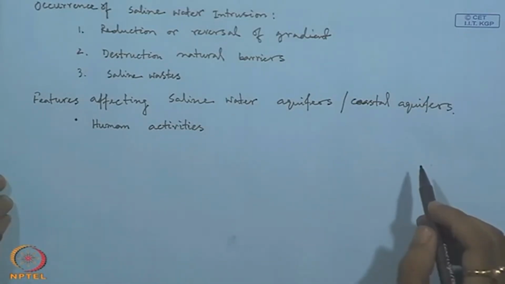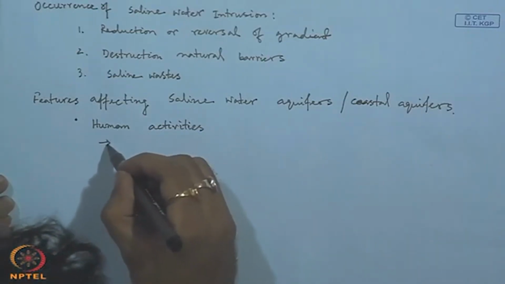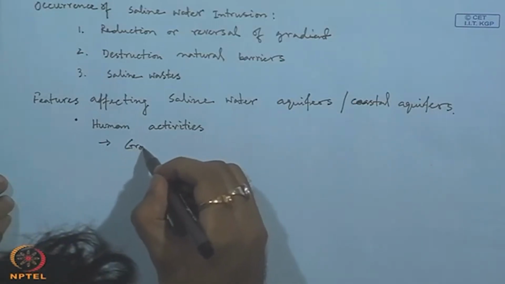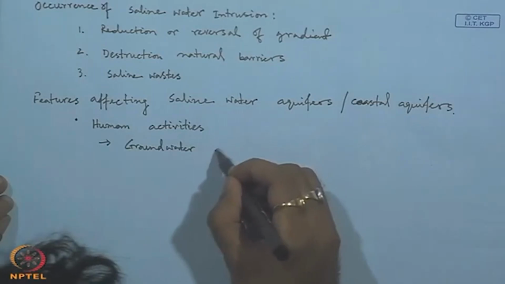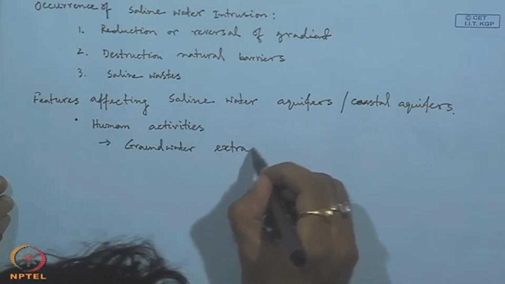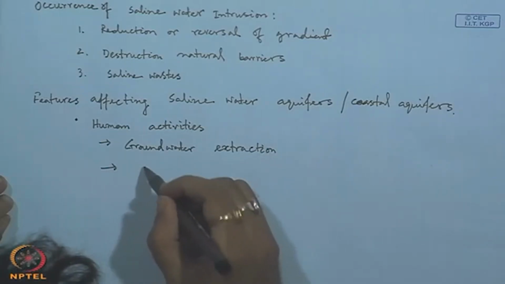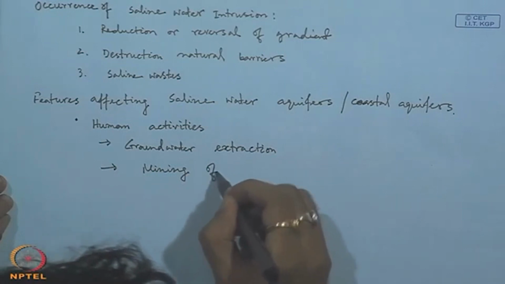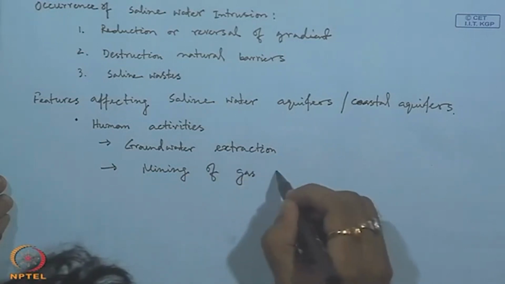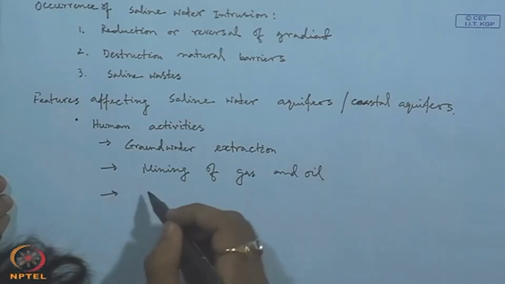What are these human activities? First one, we can say that groundwater extraction. Second one is mining of gas and oil.